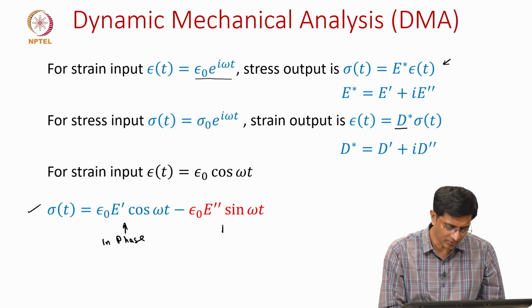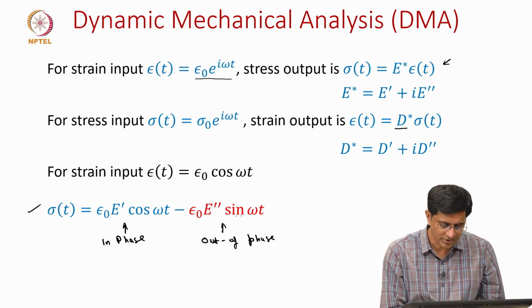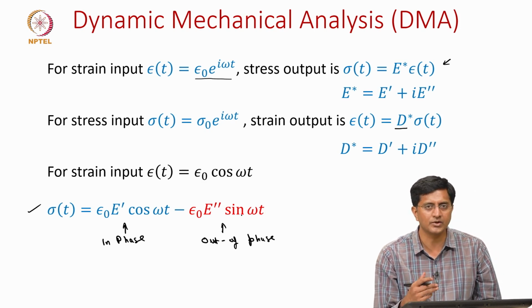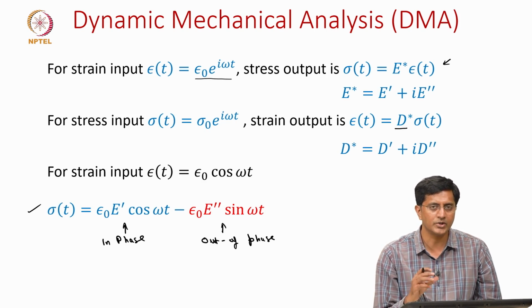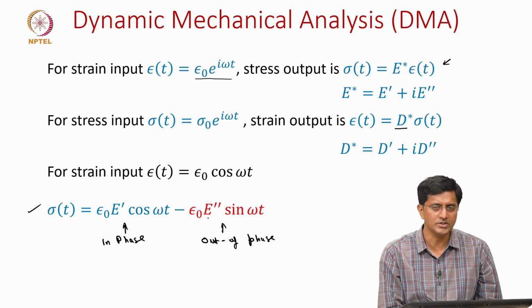The second term is out of phase, because it is written in terms of sine. We know that sine and cos are perpendicular to each other, or out of phase, and this is governed by the loss modulus E double dash.